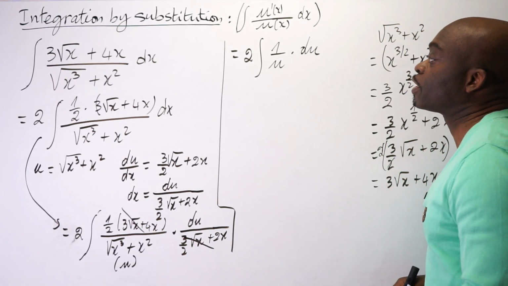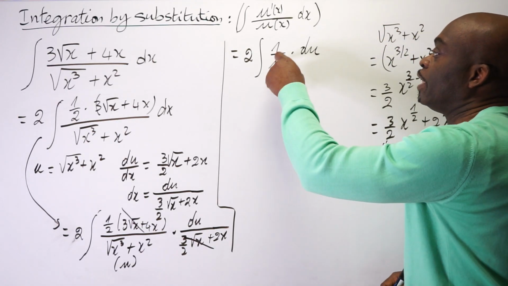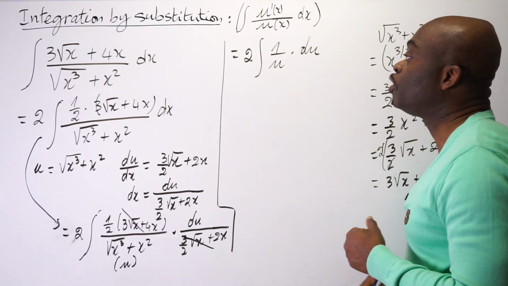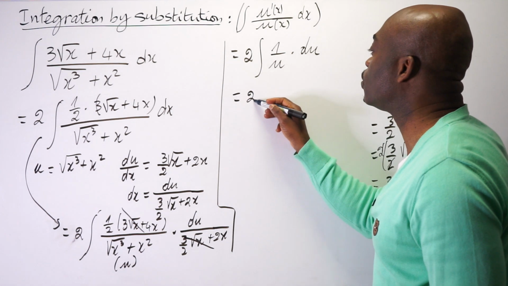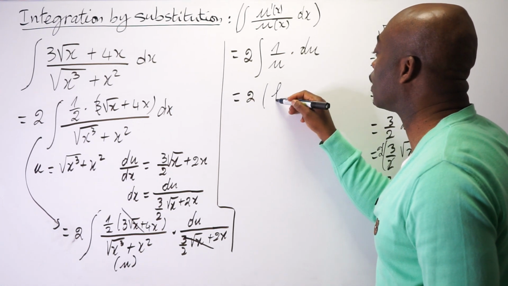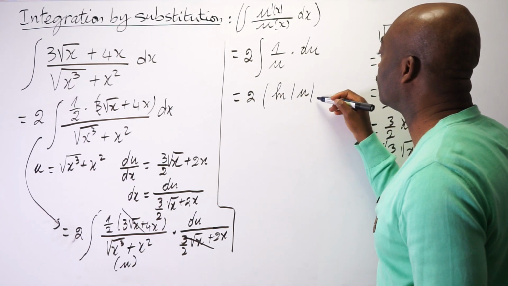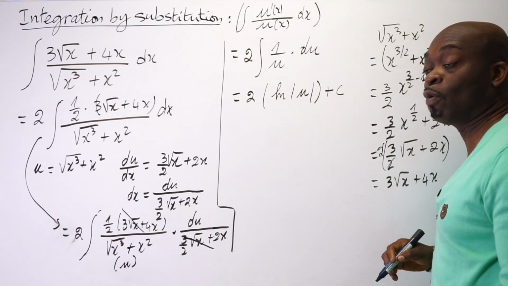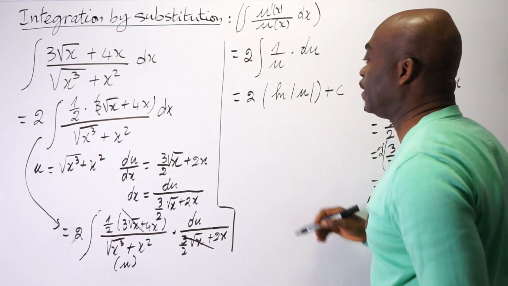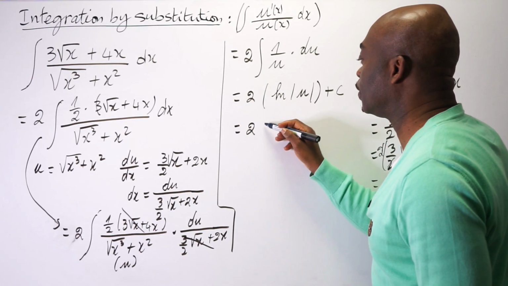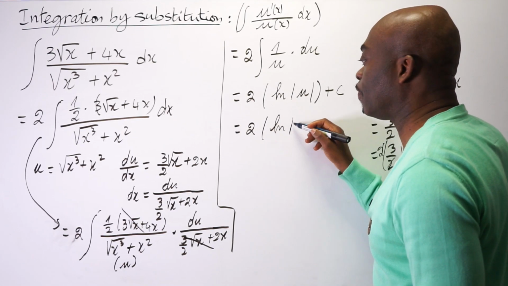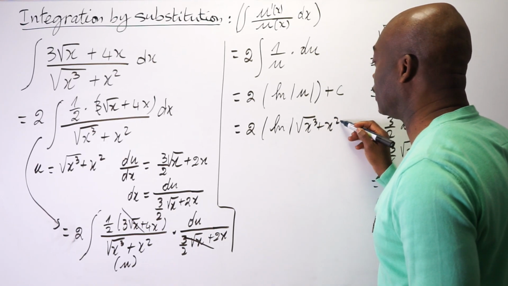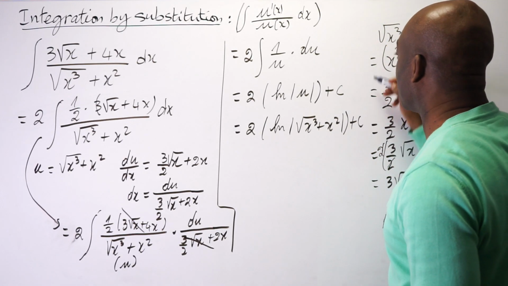Now we have to find the integral of 1 over u, and we know that. It gives us ln of the absolute value of u. So we have 2 times ln of the absolute value of u plus c. And what is u? U is back to the square root of x to the third power plus x to the second. So it equals 2 ln of the absolute value of the square root of x to the third power plus x to the second, plus c.